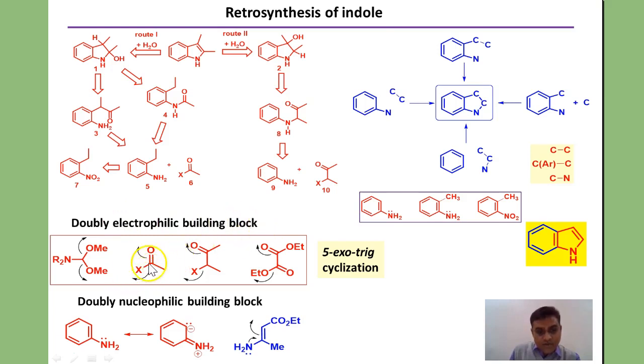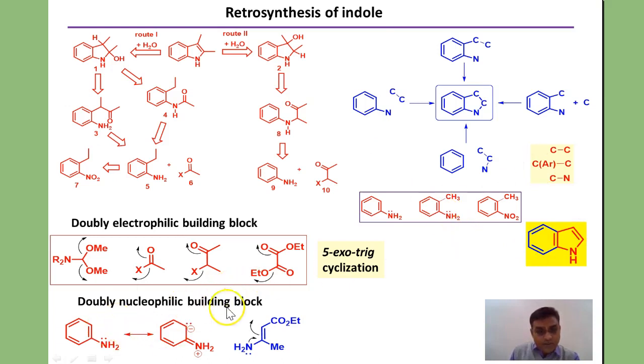Here chloride is a very good leaving group, it is also a very good leaving group. So at the same carbon atom we have two electrophilic centers here. In this case, the electrophilic centers are at 1 and 2 positions. Halogen is a very good leaving group, it's also a very good leaving group, so it's a doubly electrophilic building block. This is also a doubly electrophilic building block at 1 and 2 positions, or one can again have a doubly electrophilic center at the same carbon atom. So if this doubly electrophilic building block is treated with a doubly nucleophilic building block, then one can get the synthesis of indole.